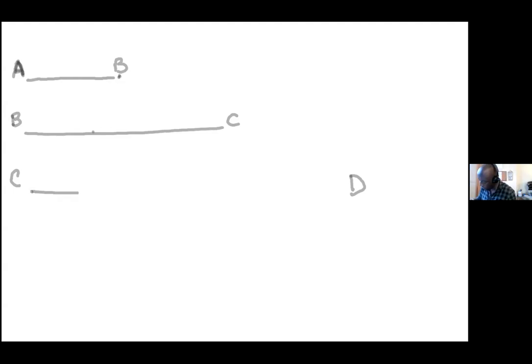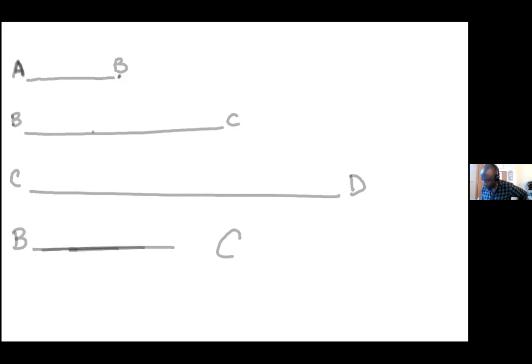Now, if you have an issue, let's say you're having trouble coming from B to C, another thing you can do is draw this little line right there, and then draw over it until you get to your destination.